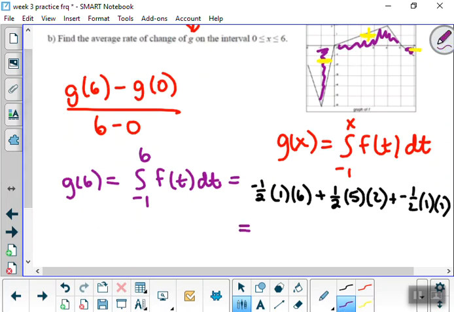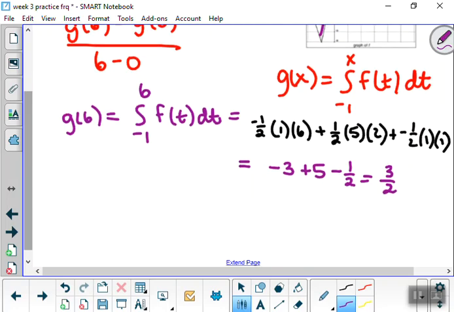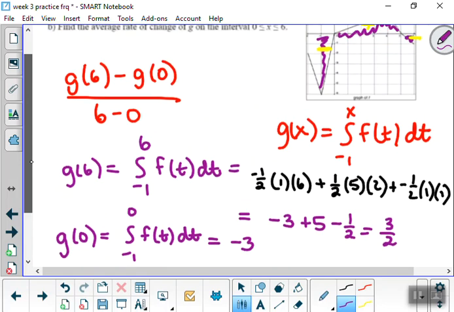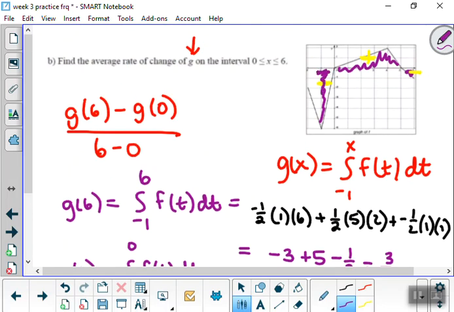So all of that, -3 plus 5 minus 1/2 is 3/2. Okay. G of 0, integral from -1 to 0 of f of t dt. So that's just the -3 because it's just that guy.